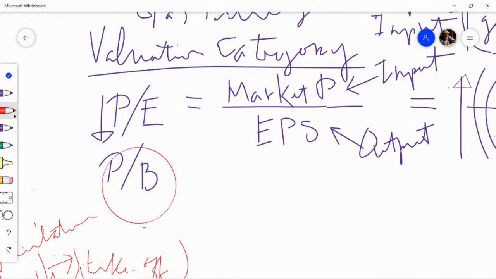A lot of times they get triggered by noise. So in the short run, it's irrational, clearly. That's why we need a solid reference point, and the solid reference point is book value. But the downside of the book value is that it always tends to be based on past data, right?